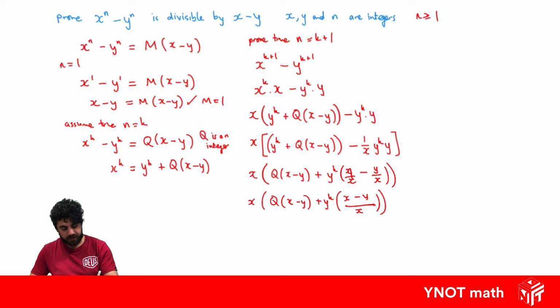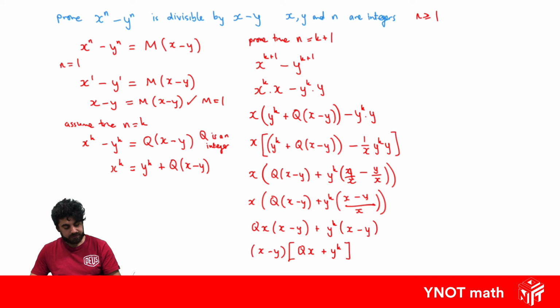So we're going to have qx outside of x minus y, plus now the x outside here will cancel with this x here. So we're left with y to the k outside of x minus y. Finally, let's factorize out x minus y, and we're left with q times x plus y to the k.